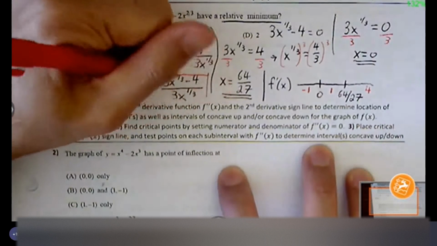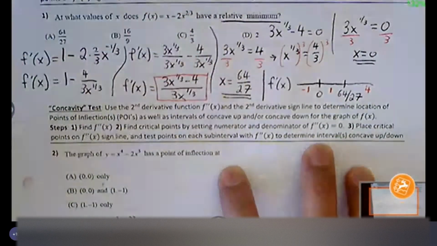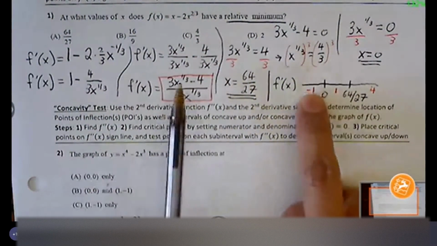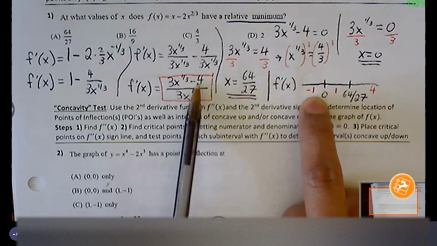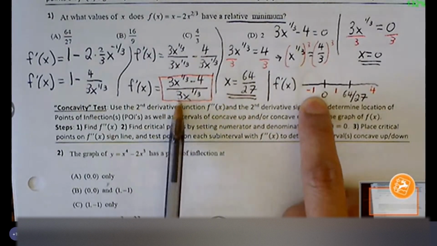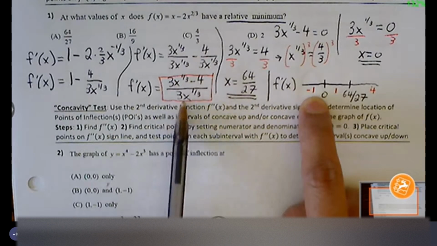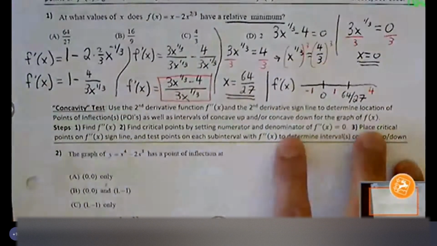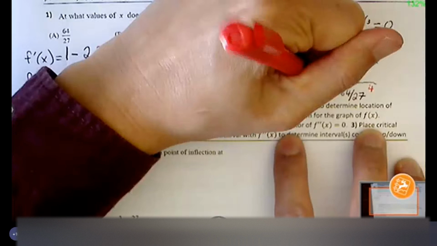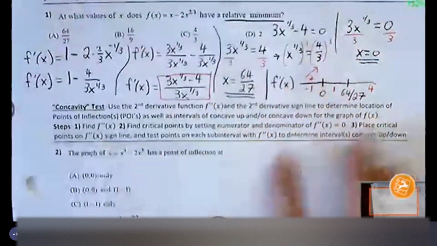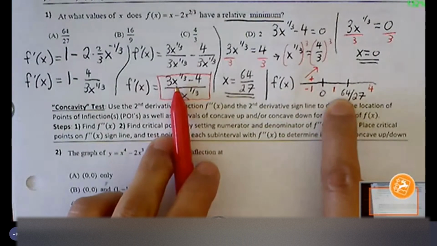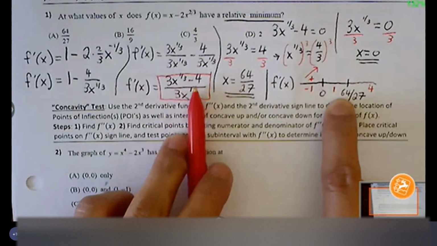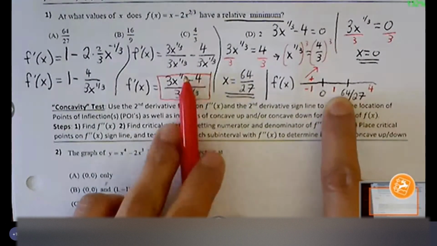I'm going to put it into the cleaned up version there. -1 in for x. I get -3 minus 4, that's negative over a negative, so negative over negative is positive. So positive, I'm going to associate with a positive slope. Insert 1 in for x. I get 3 minus 4, that's negative, over 3. So negative over a positive is negative.